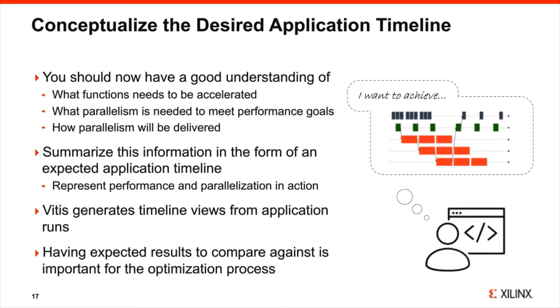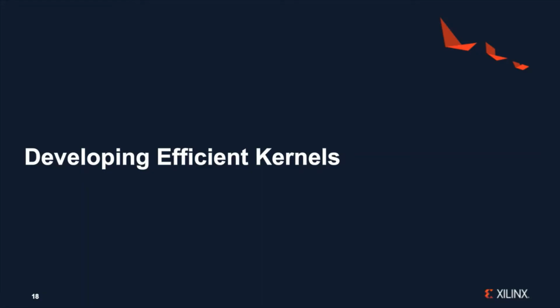Normally, they will not match right away, but you will see what's different from the measured results and figure out how to change things to improve to the best results. Conceptualizing the desired application timeline will definitely increase your chance of achieving the performance goal that you are looking for. In the following slides, we will talk about some details on how to develop efficient FPGA kernels.